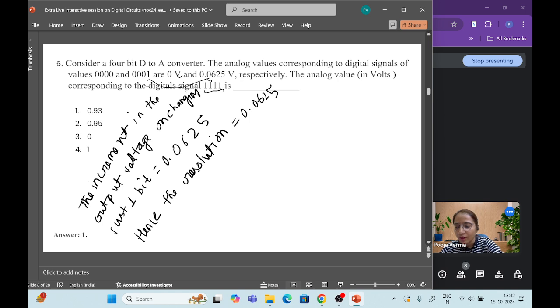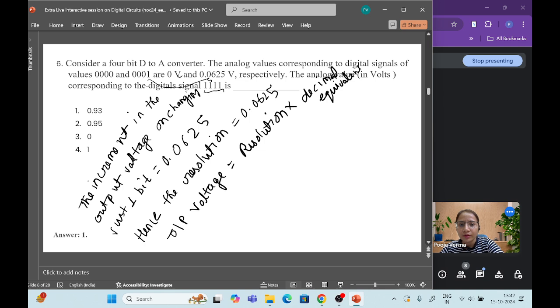0.0625. Now what is the output voltage in a digital to analog converter? Output voltage is equal to resolution into decimal equivalent, right?